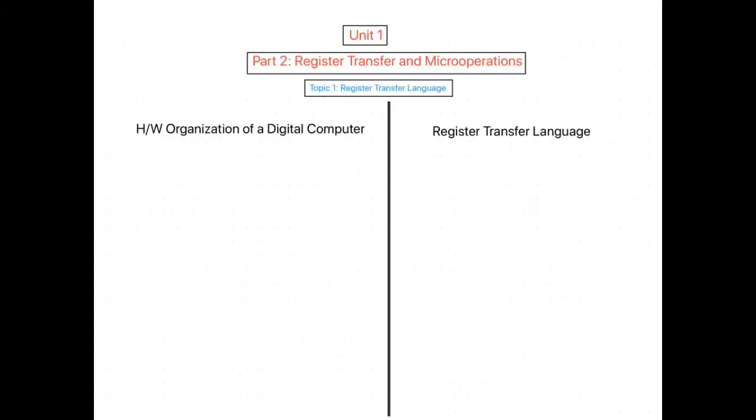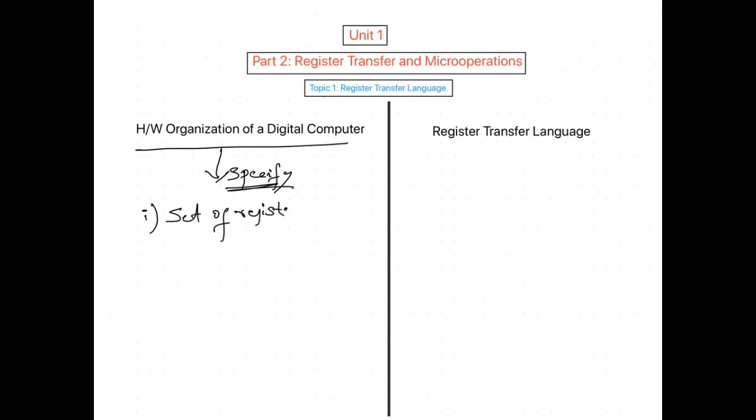The next terminology is hardware organization of a digital computer. This is very important: how do I specify the hardware organization of a digital computer? There are three ways to specify it. The first way is a set of registers and their functions. If I know what registers are available and their functions, then I have specified the hardware organization of a digital computer. The second way is the sequence of micro operations.